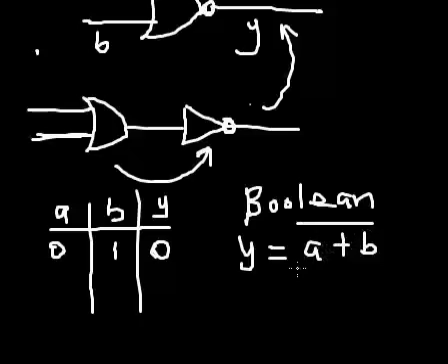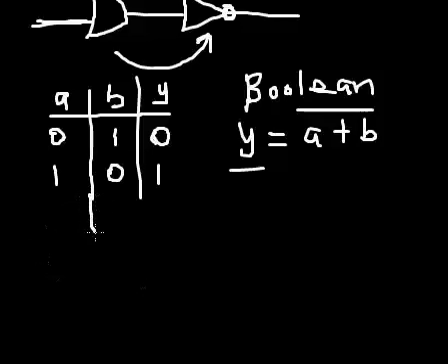That is what the NOR gate is all about. After you add the two inputs, you then invert it. So after adding 0 plus 1, it gives me 1, then I have to invert it to get my output. The inverse of 1 is 0. The same thing happens when I have 1 plus 0. It gives me 1, and when I invert it, the output is 0.